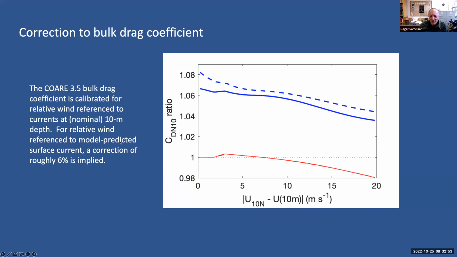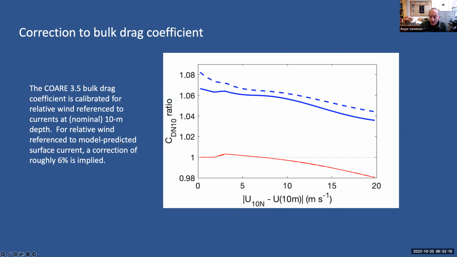There's an implied correction to the bulk drag coefficient here, and this is maybe relevant mostly in the case where you have a model with very fine vertical resolution that starts to resolve this wind drift layer.